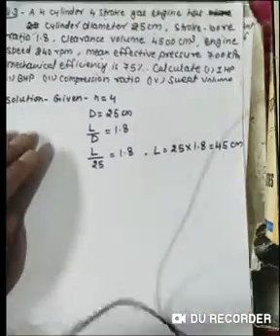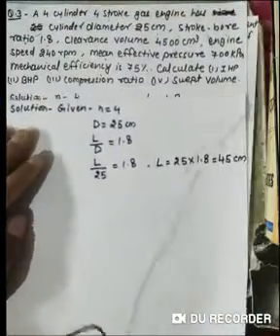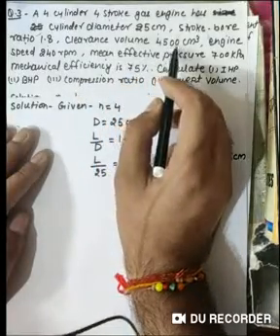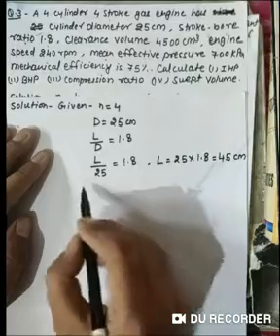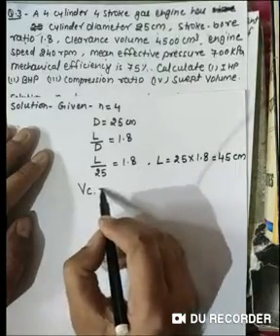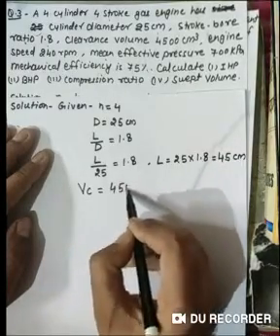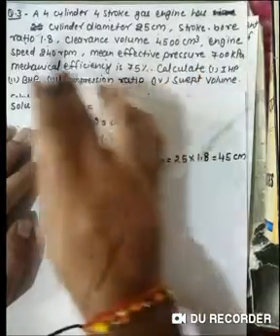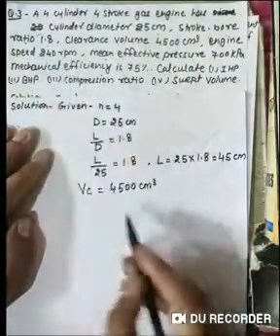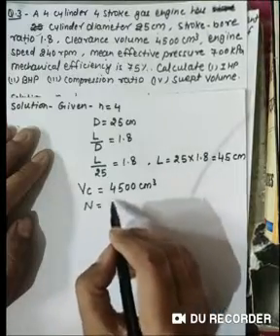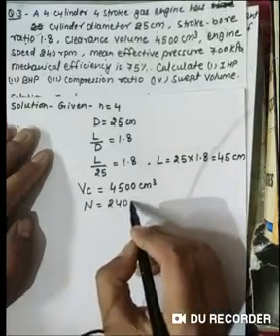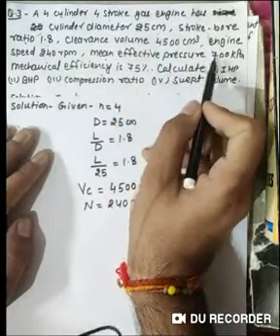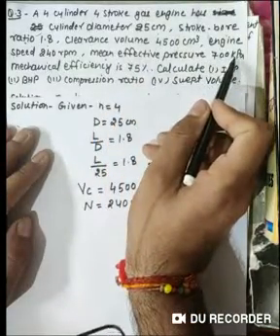Okay, then clearance volume is 4500 cubic centimeter. So clearance volume VC is equal to 4500 cubic centimeter. Engine speed 240 rpm. Engine speed N is equal to 240 revolution per minute. Mean effective pressure 700 kilopascal.